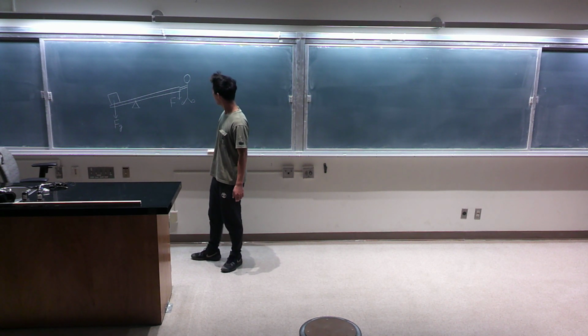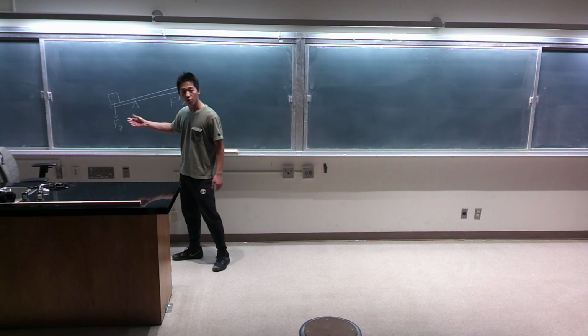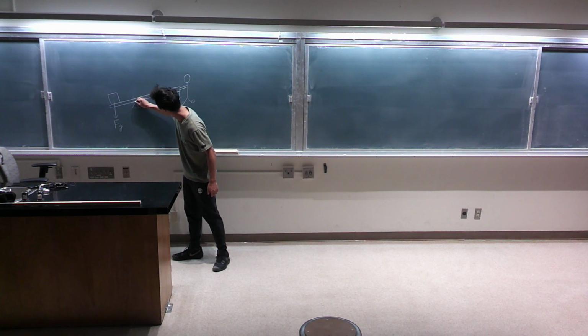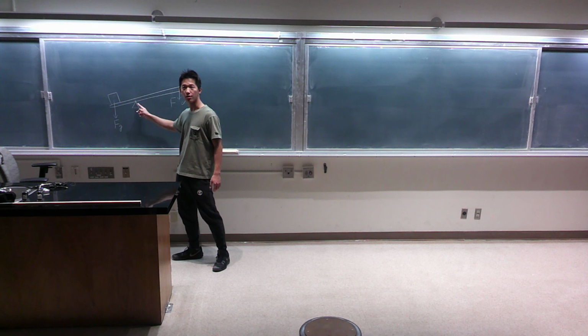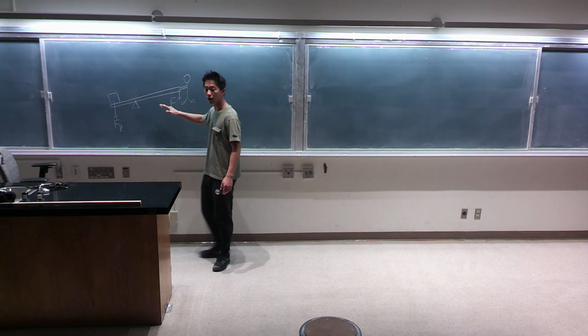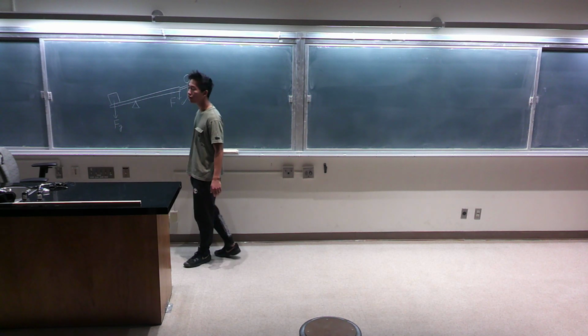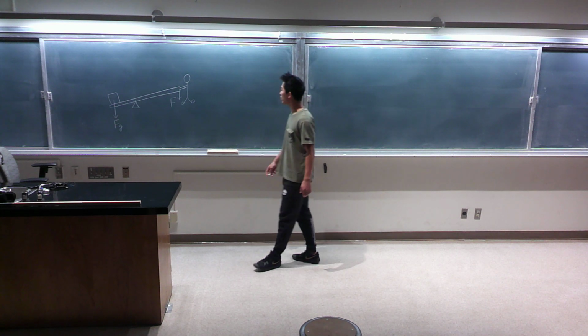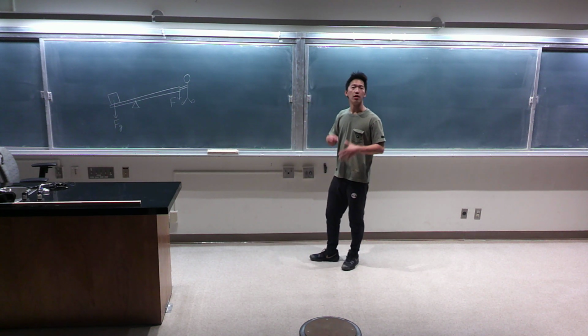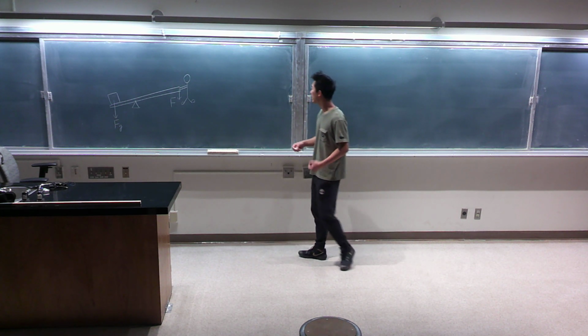And you don't really know how big the force from the pivot is going to act on the rod. The pivot can apply a force in any direction with any magnitude, and you don't know how to solve it. But the trick is to use energy conservation you just learned.